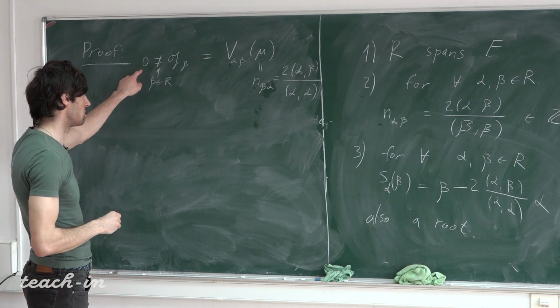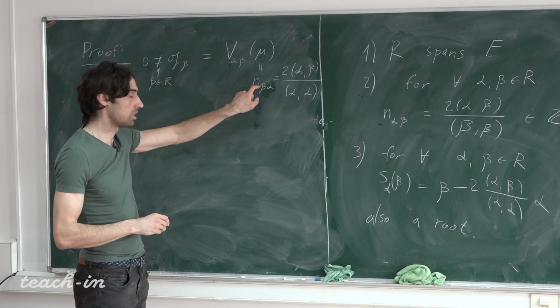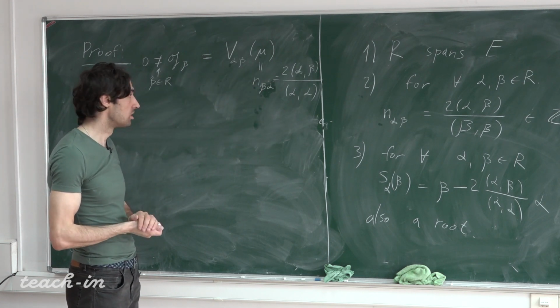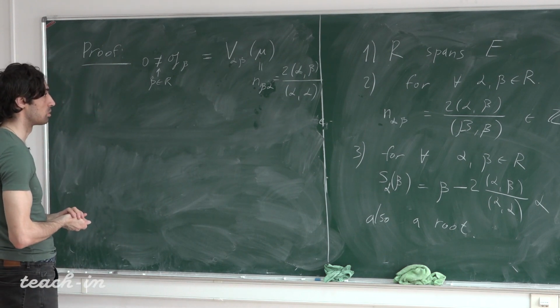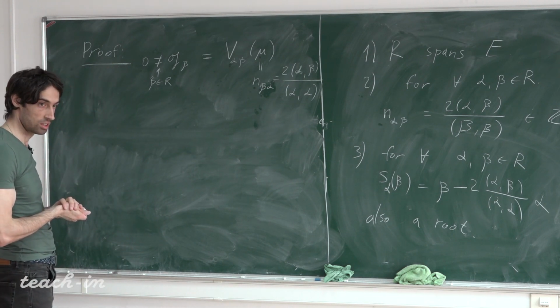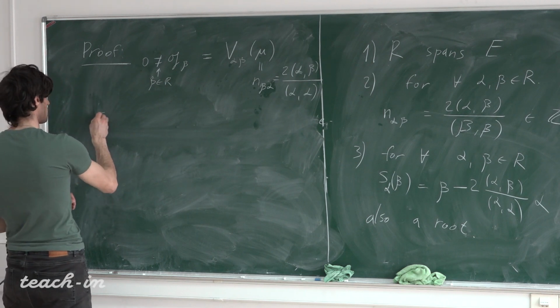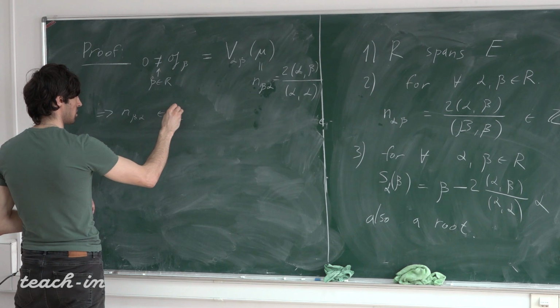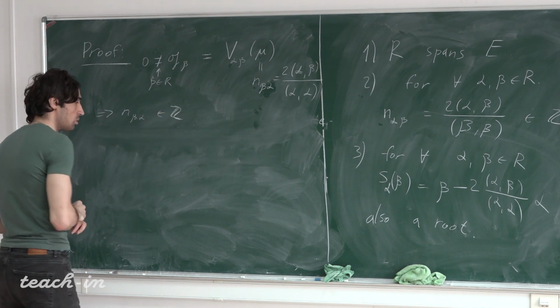This is not 0. Therefore, mu or n beta alpha is indeed a weight in a representation of SL2. Therefore, it's an integer. So therefore, n beta alpha is an integer. So let us use that.